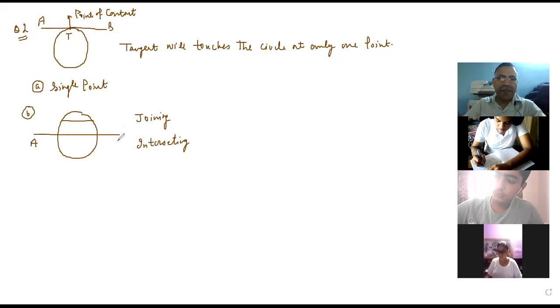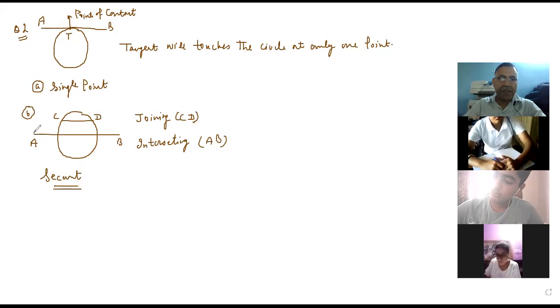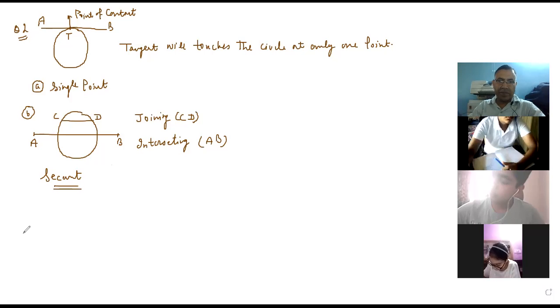So AB, this is intersecting. And C and D, this is joining. So the answer of this is secant, because it touches the circle at 2 points and crosses it. The meaning of intersect is that it goes out ahead.